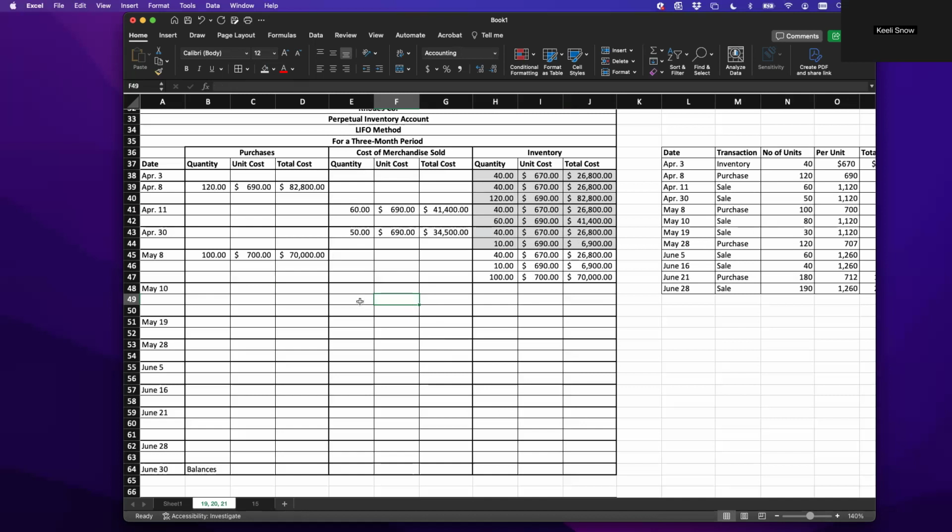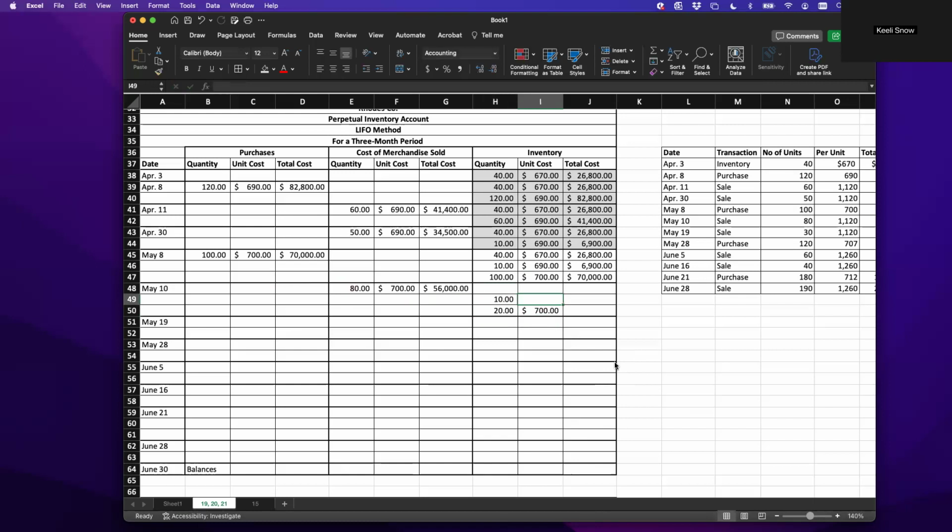May 10th, we're going to sell 80. We have 80 that cost us $700. So 80 times 700 is 56,000. We still have, out of those ones that cost 700, 20 that cost 700.